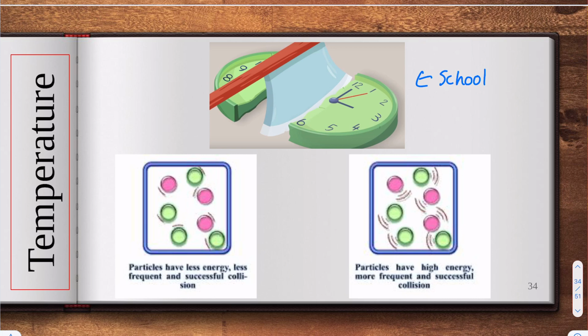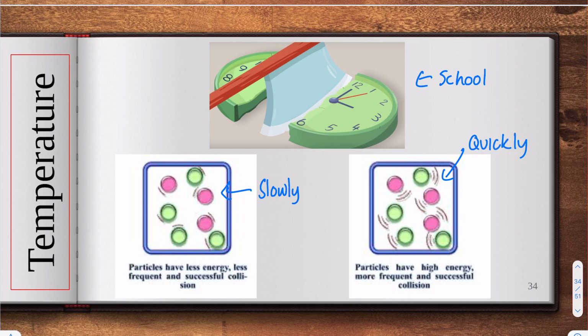So you can see on these particles here, they have less energy. They're moving quite slowly. Therefore, when they collide with each other, they're not going to collide at or above their activation energy, and they are not necessarily going to collide with each other at all because they're not running through the corridors. Whereas here, these particles are moving really quickly.